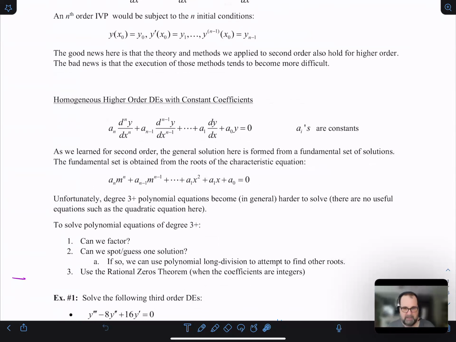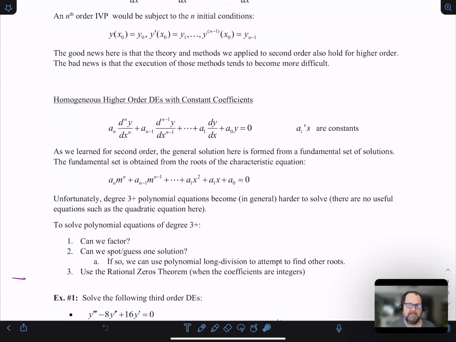We are going to start off with the homogeneous case, equals 0. What we learned about this for the second order case was that we basically need to write the characteristic equation for this DE, which would look something like this, again, fairly easy.